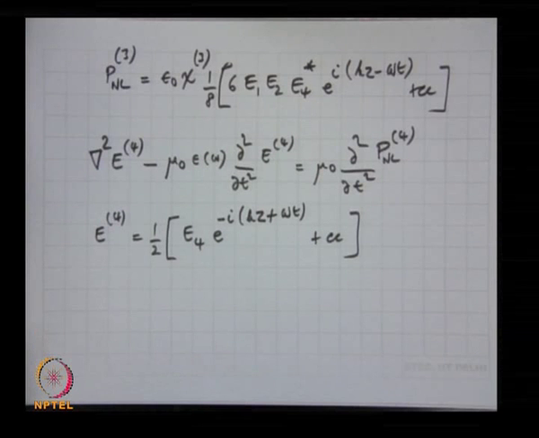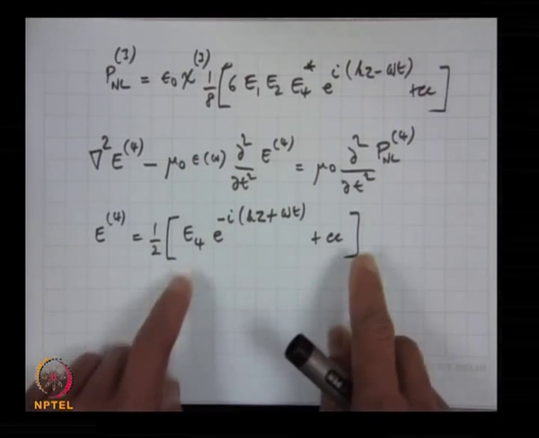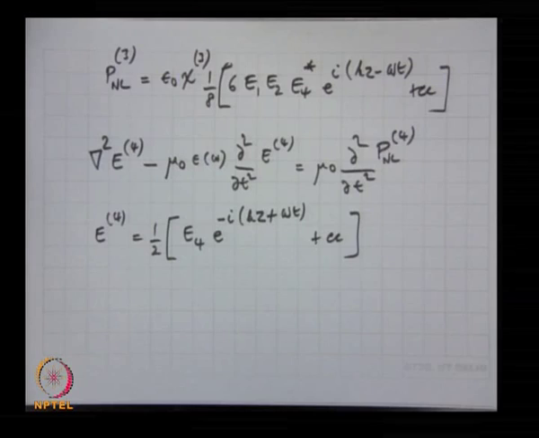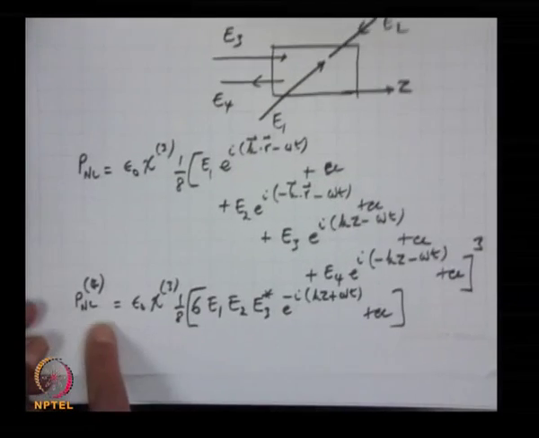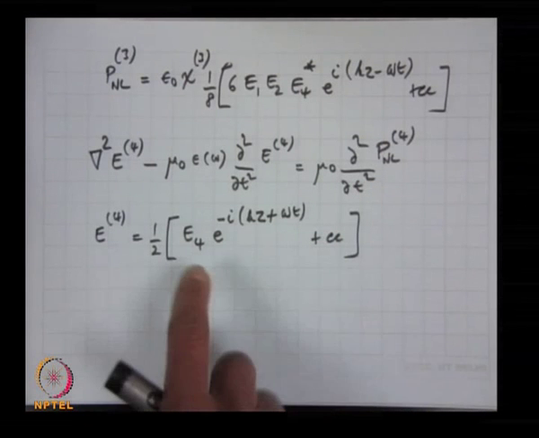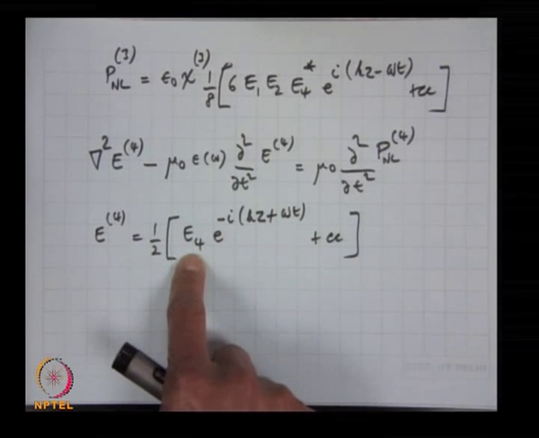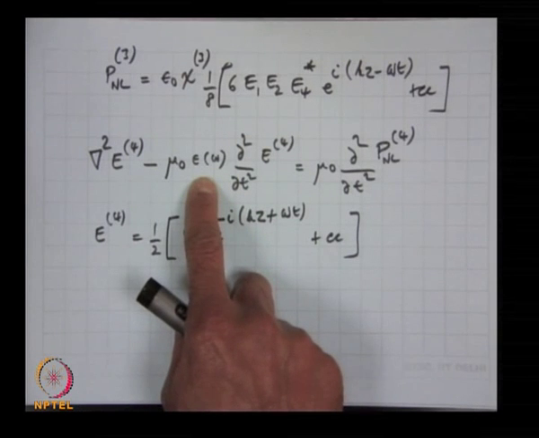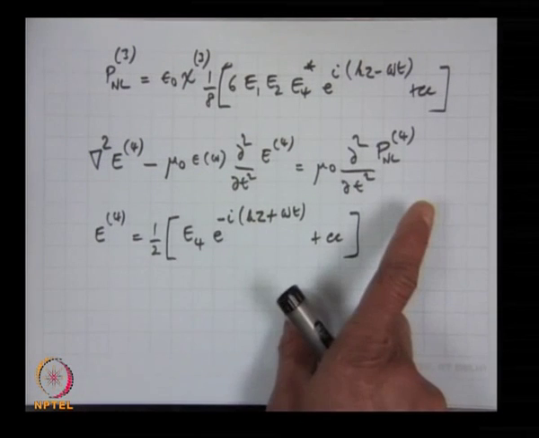The procedure is exactly identical to what we had done for the three-wave mixing. So I substitute this expression for E4 on the left hand side. I substitute this expression for P nonlinear corresponding to the electric field E4 on the right hand side. Neglect second differential of E4 with respect to z. Use an equation connecting k and epsilon and omega and simplify the equation.